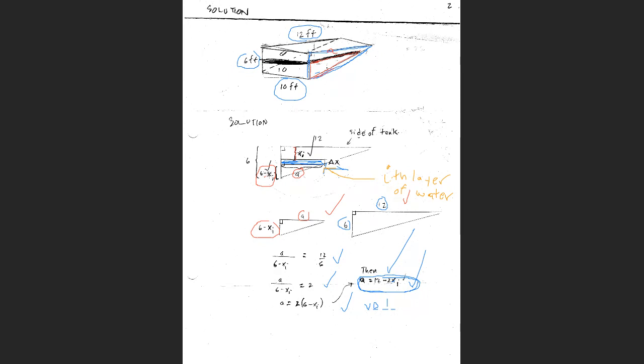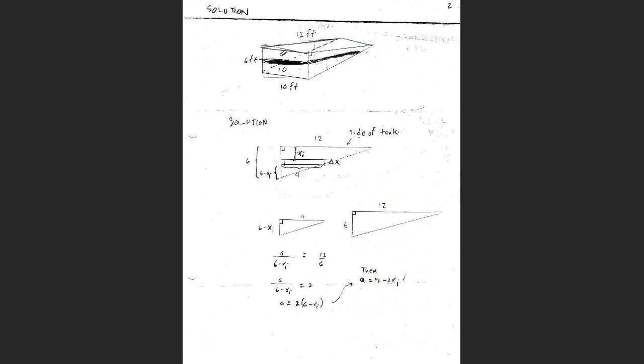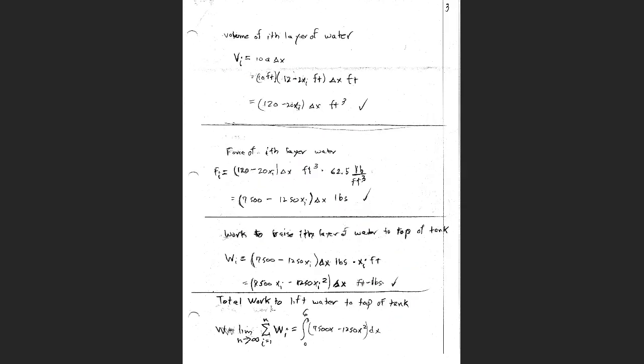All right, here we go. The volume of the ith layer of water is equal to 10 times A times delta x, because the ith layer of water is 10 feet wide, A feet long, and delta x feet high.